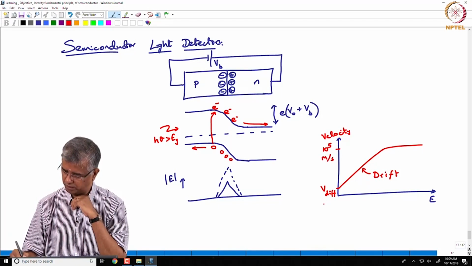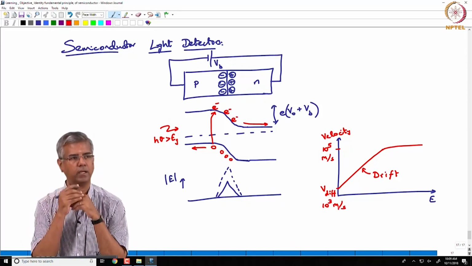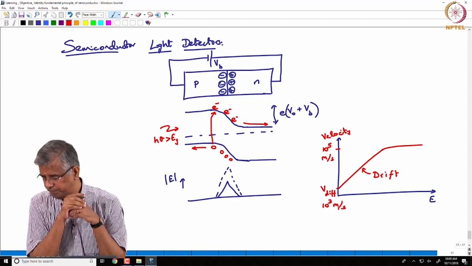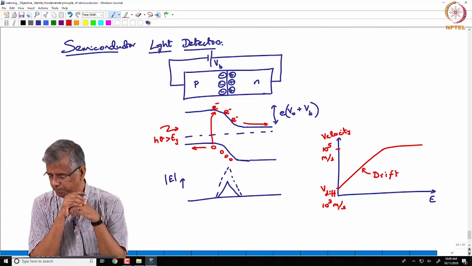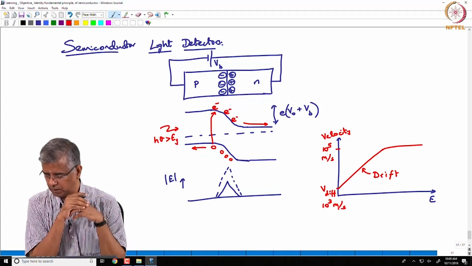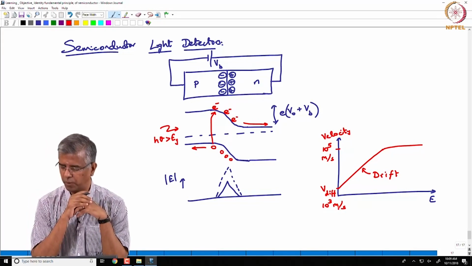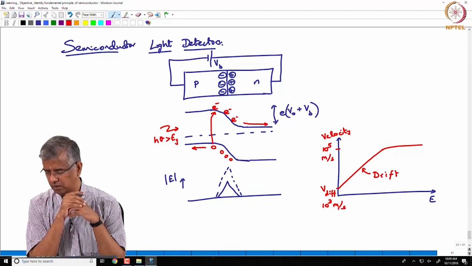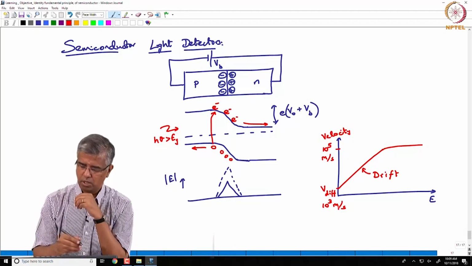The diffusion velocity is in the order of 10 power 3 meters per second. Okay. So, clearly we can say that these charges get swept out faster due to this drift process.